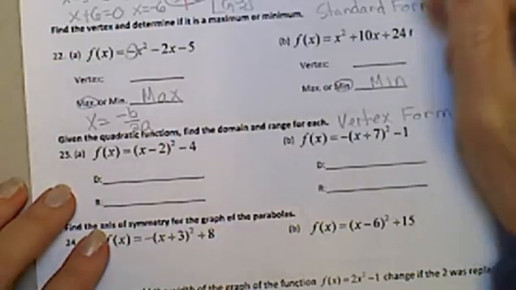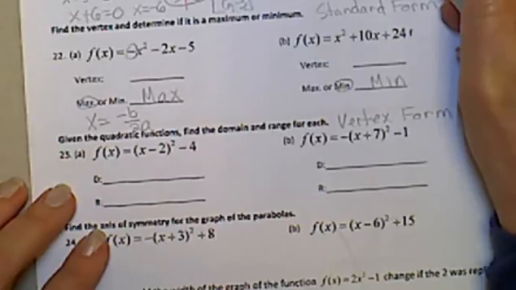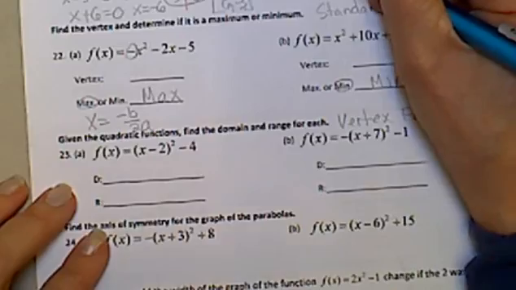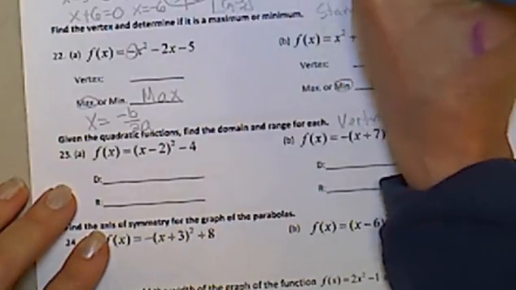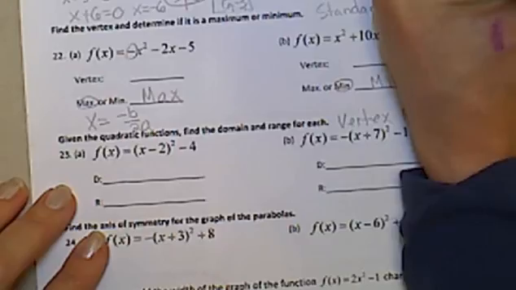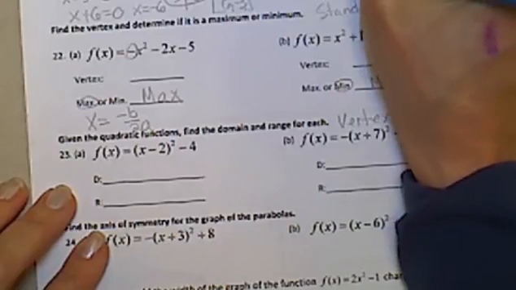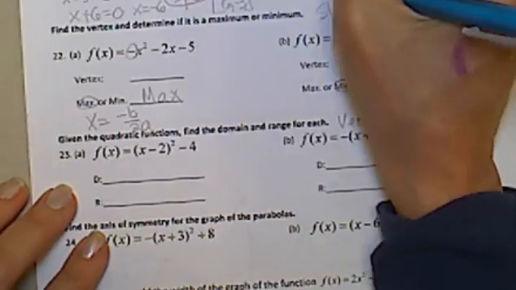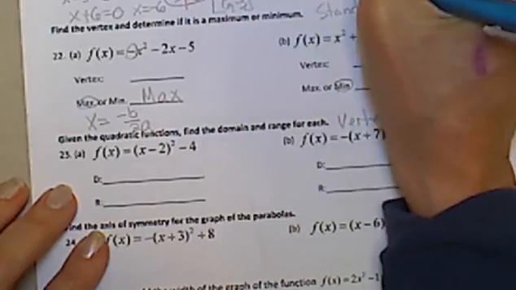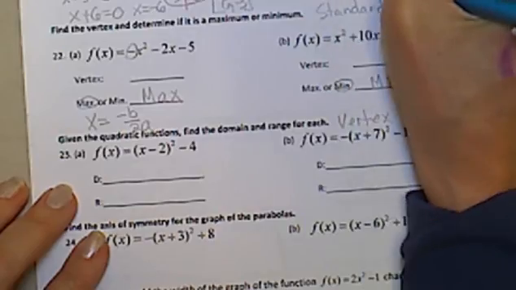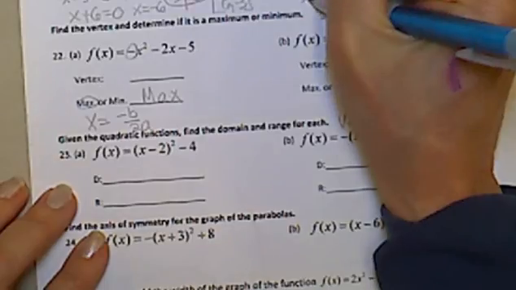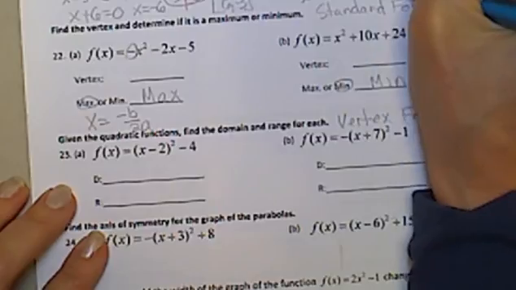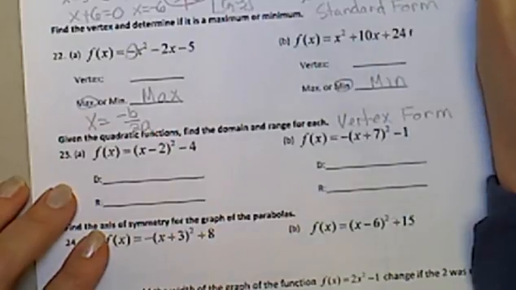Negative 9 times negative 5 is positive 45, and they add up to negative 14. Okay, so we've got our factors here. We set each equal to 0, and that would give us x equals 5 and x minus 9 equals 0, and that would be x equals 9. So our zeros are 9 and 5.